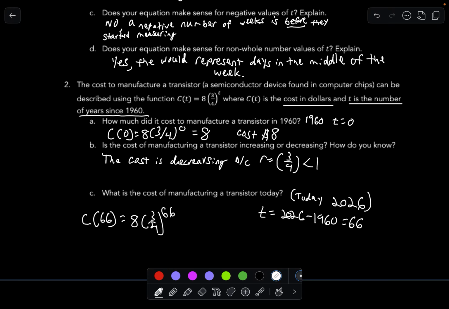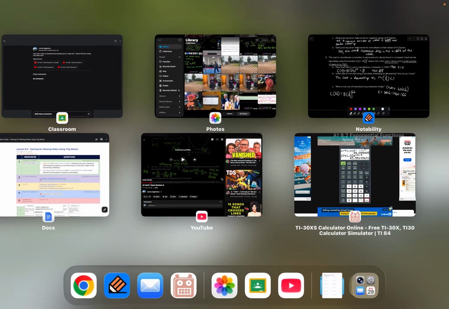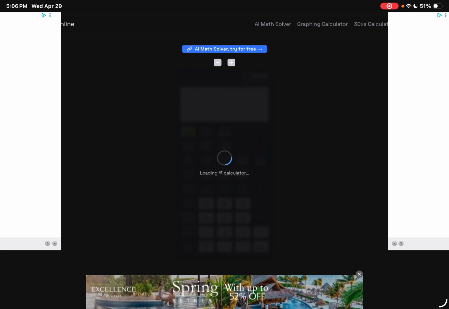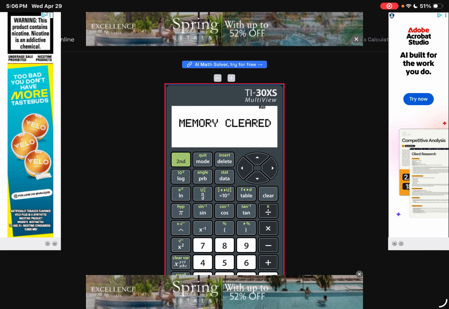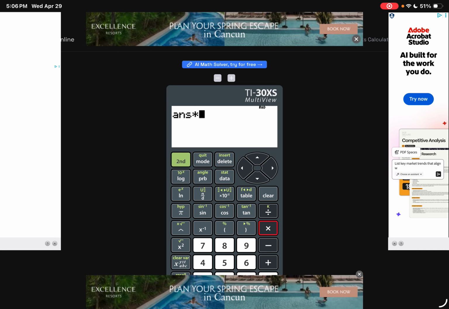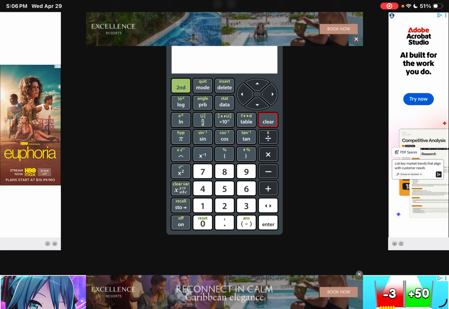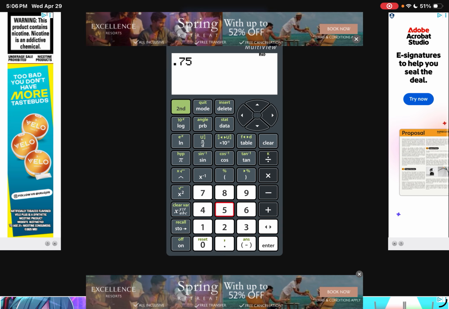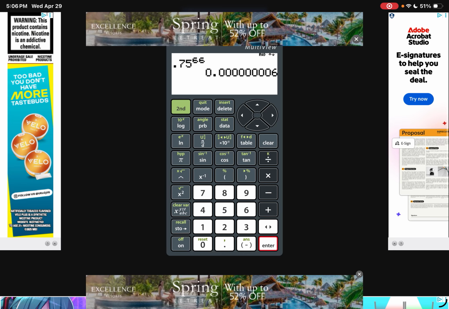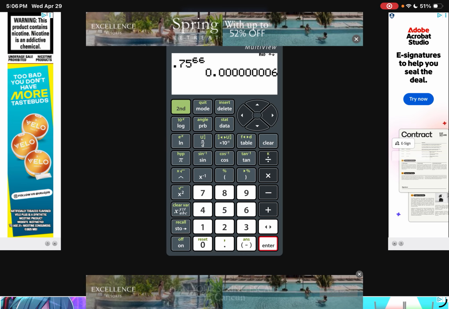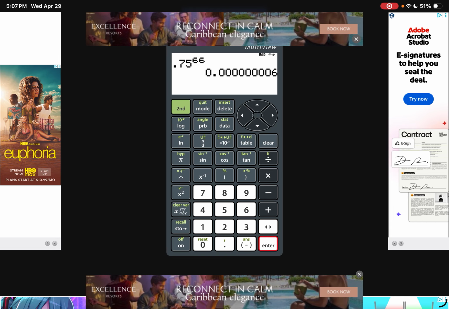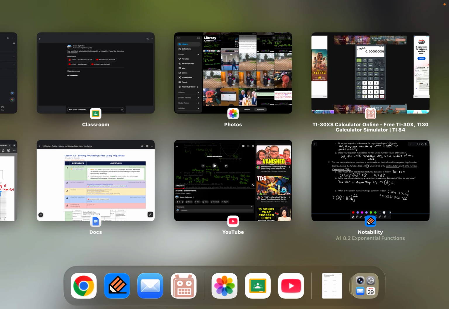When you type that into your calculator, you're going to get a really scary looking number. Just to show you, 0.75, that's 3/4, raised to the 66 power, is 0.0006, a really tiny little number.